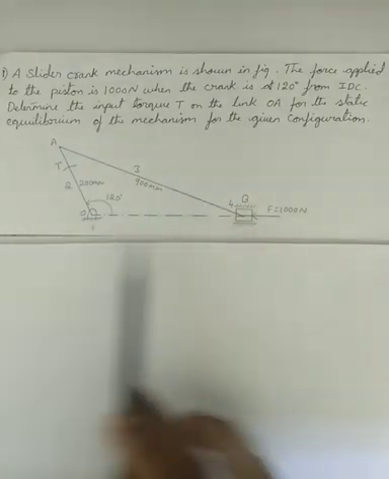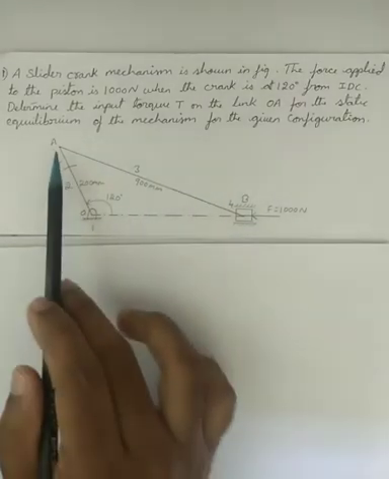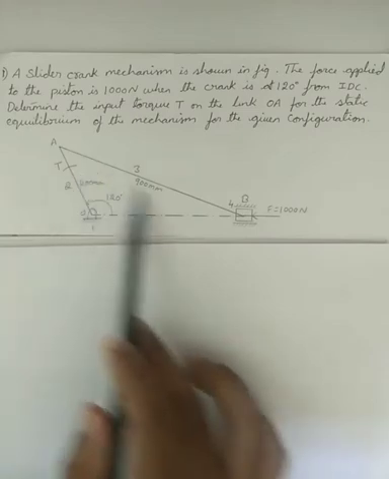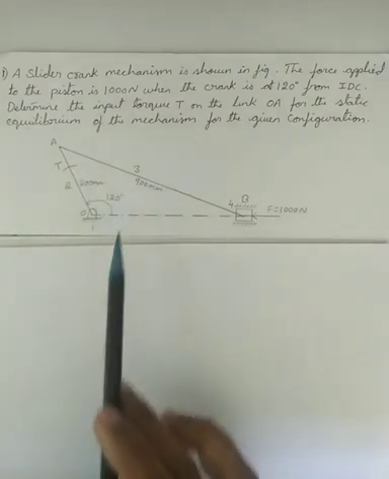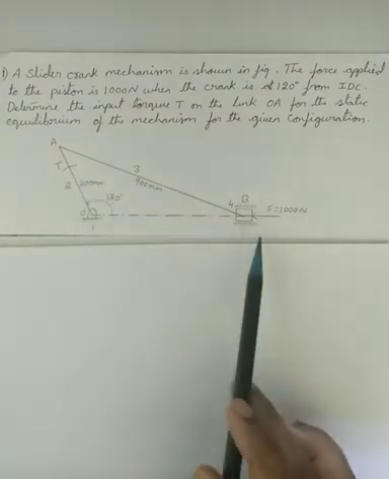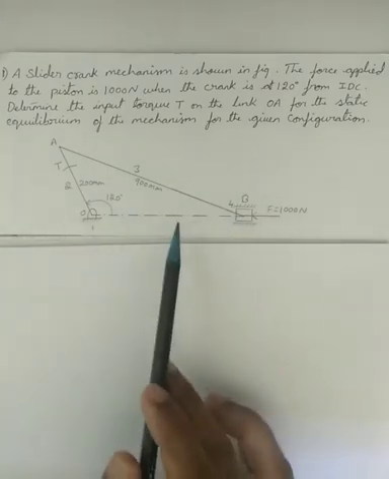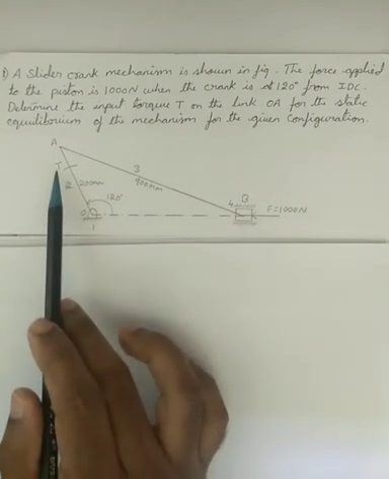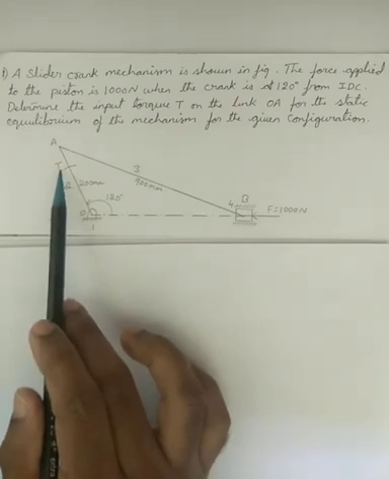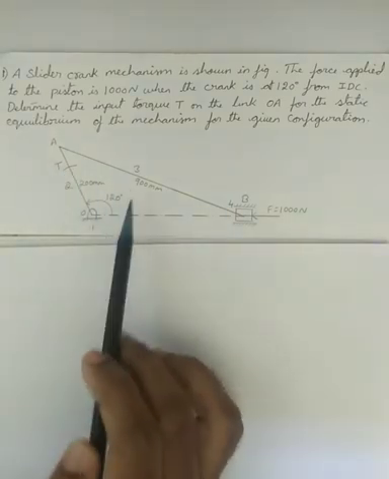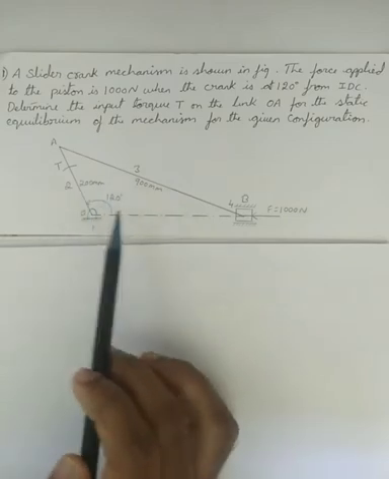So they have given this figure, that is the length of the crank and the length of the connecting rod. So there are four links. They have mentioned that, and this is the T, the torque which is required to make the system equilibrium.